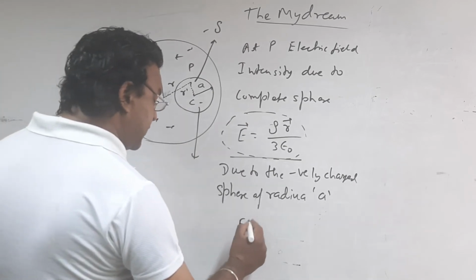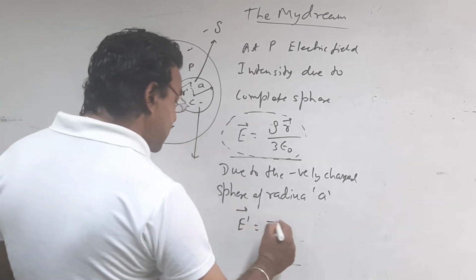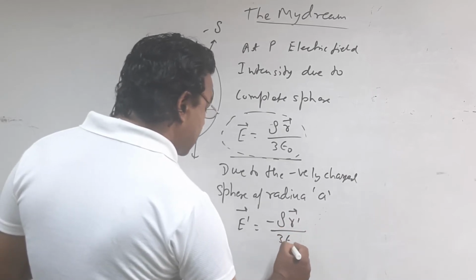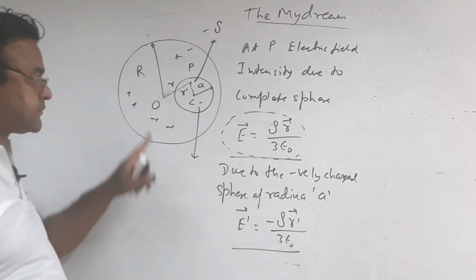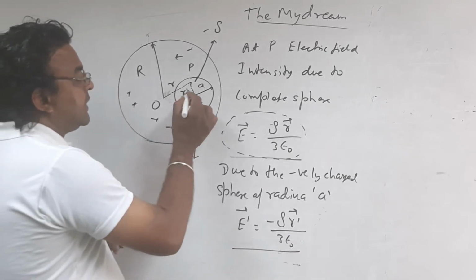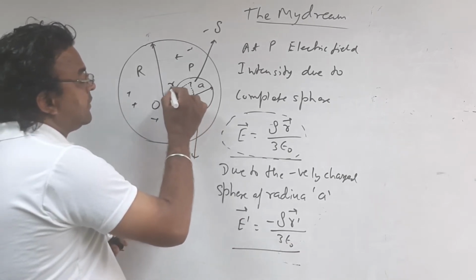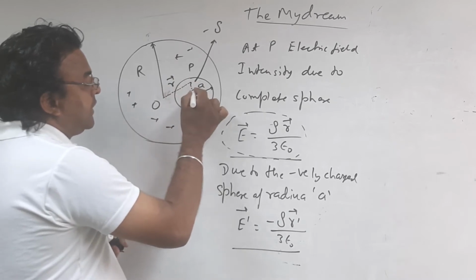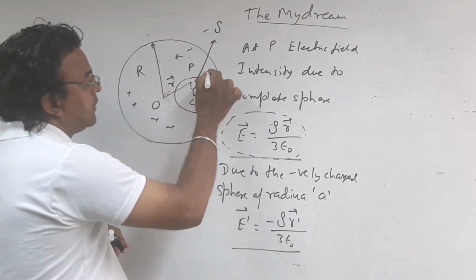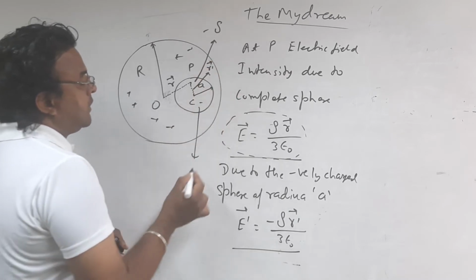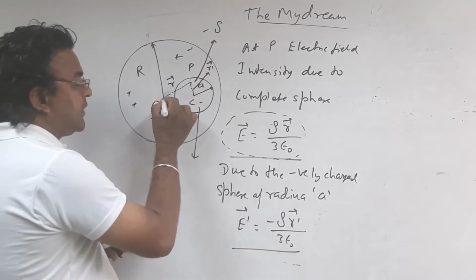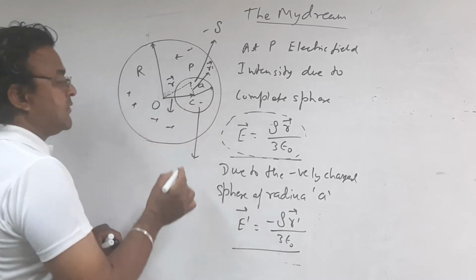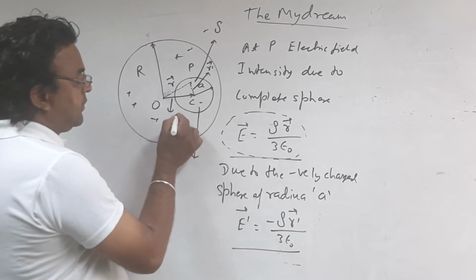So electric field due to that will be E dash equals minus rho r dash vector upon 3 epsilon naught. Look carefully, here it is. This is r vector, this is r dash vector. And now suppose I consider this distance O to C. This distance I consider as vector b.